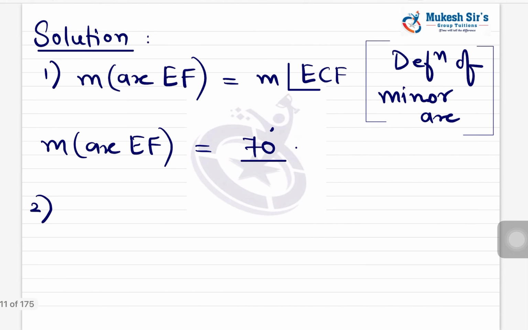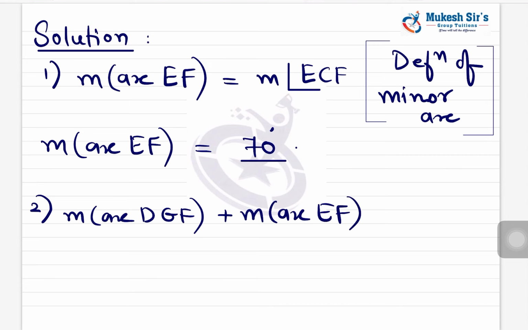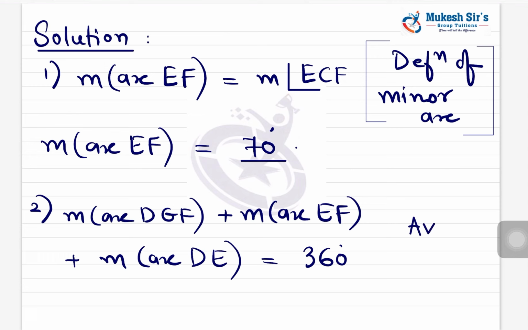So you can say measure arc DGF plus measure arc EF plus measure arc DE is equal to 360 degrees. The reason is arc addition property.